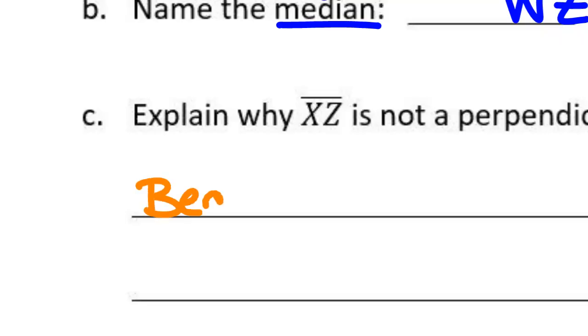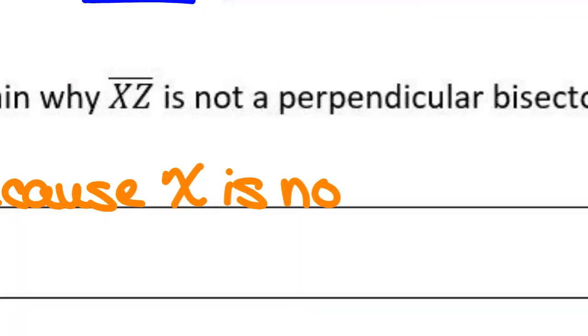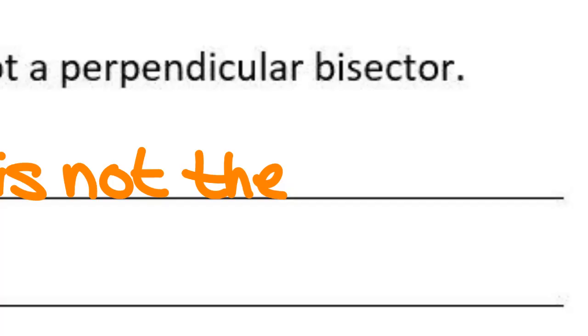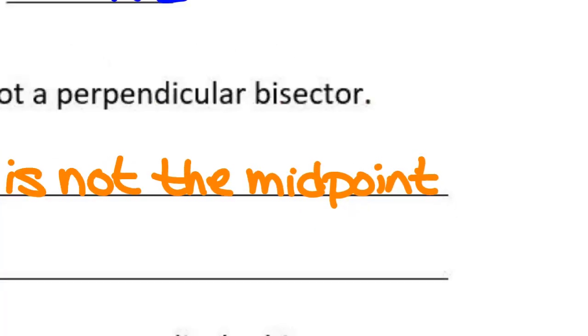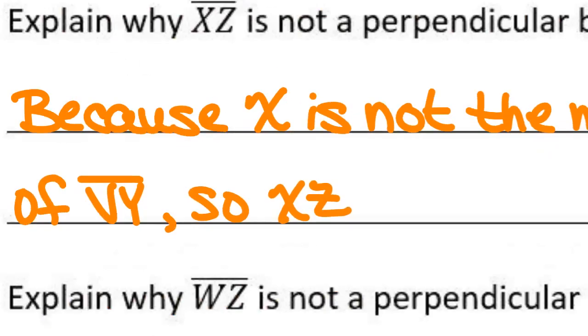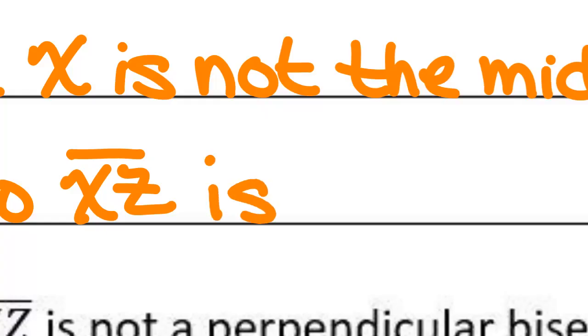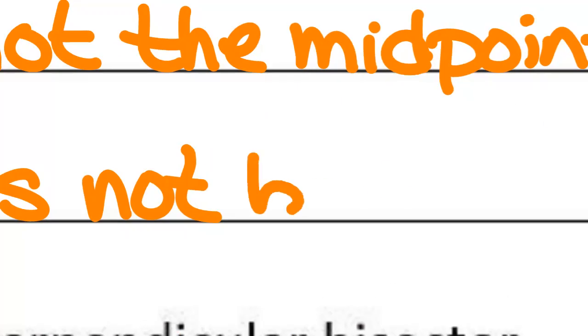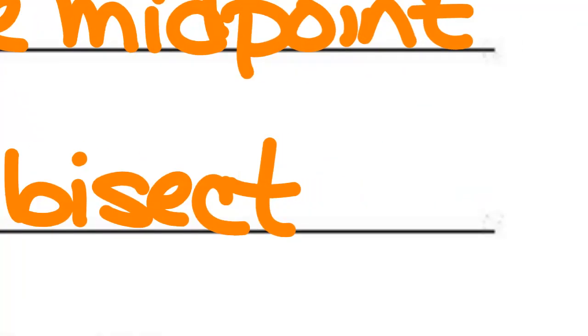So I could say something like, because X is not the midpoint of VY, so XZ is not bisecting VY.